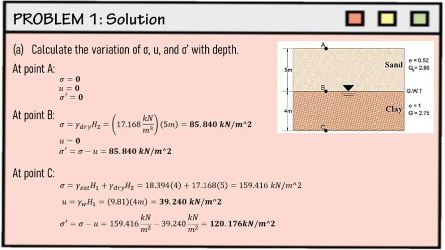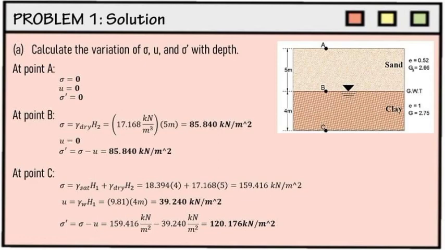Now we have to calculate the variation of stress with depth. At point A, total stress is equals to 0, pore pressure is equals to 0, and effective stress is equals to 0. At point B, stress is equals to dry unit weight times height. So just substitute 17.168 multiplied by 5, then we can get 85.840 kilonewton per meter squared.